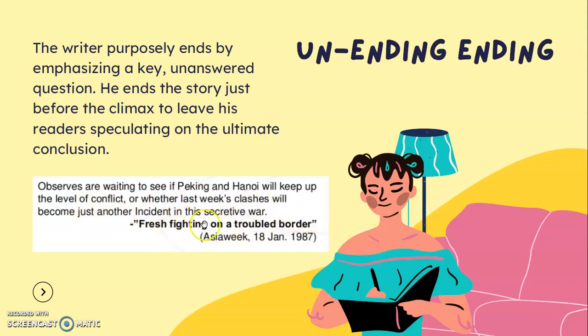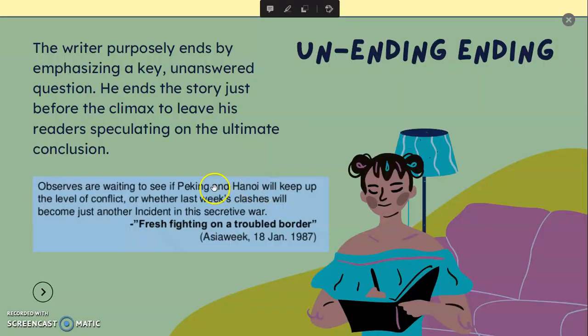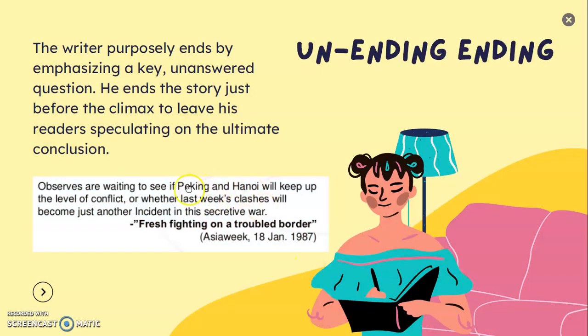So the title of this feature article is Fresh Fighting on a Troubled Border. Muna siya Hanoi, Vietnam, o ambot asan Peking, basig sa Vietnam gihapon pero the issue here is kaning troubled border, murag ang ilahang sa land nila. So mura siya ang unending ending diri is what kani siya whether last week's clashes will become unsa man gyud mahitabo mobalik lang pud ka, so wala ta kabalo.